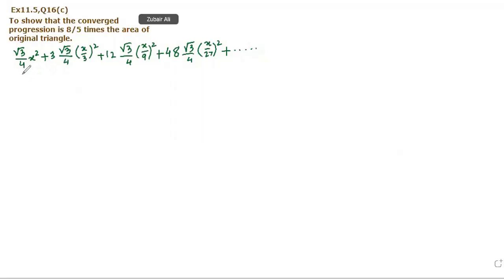So now taking common under root 3 upon 4 x square, this will become 1 plus 3 1 upon 9 plus 12 1 upon 81 and 48 1 upon, we can write 27 times 27.